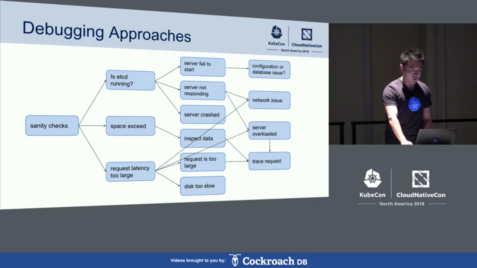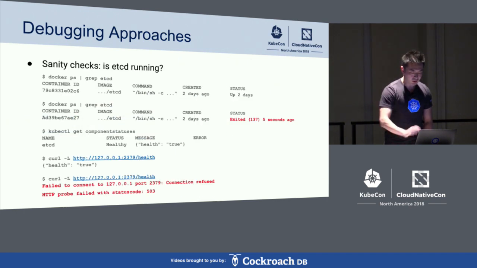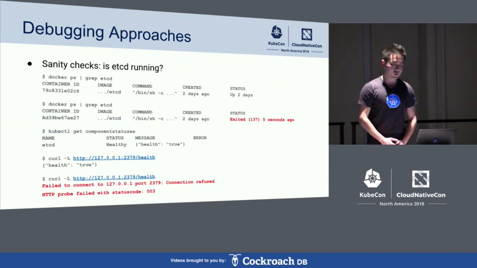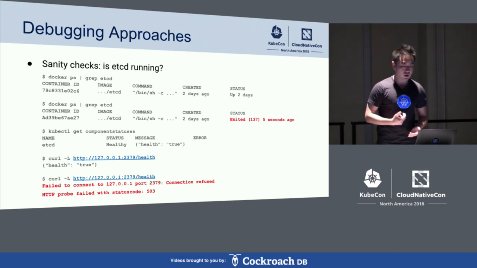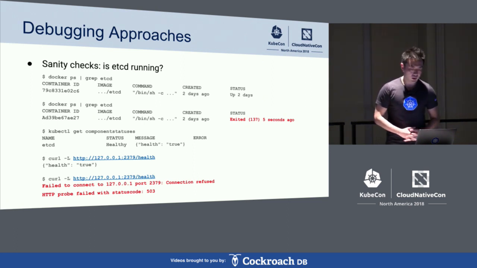So let's start with the sanity checks. Is etcd running? That's probably the first thing you want to check. There are lots of ways you can check. The first thing I usually do is, in the example here etcd is running in containers, so I'll just do a docker ps and grab the keyword. You can see the container is good.